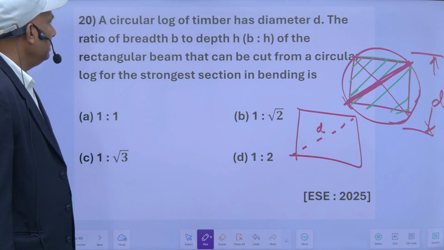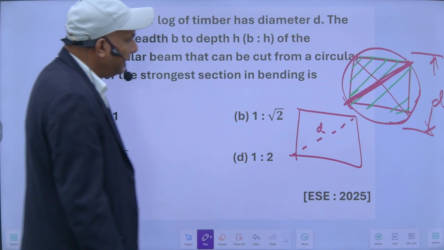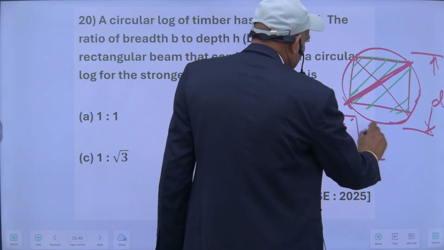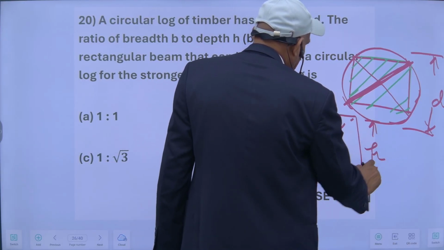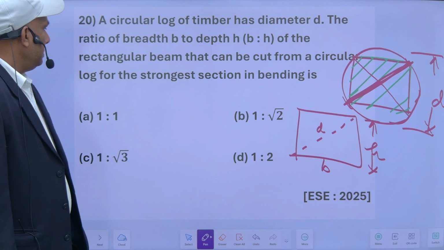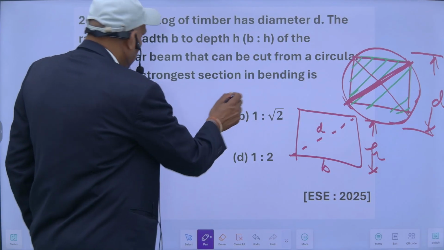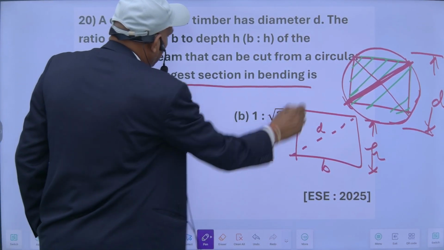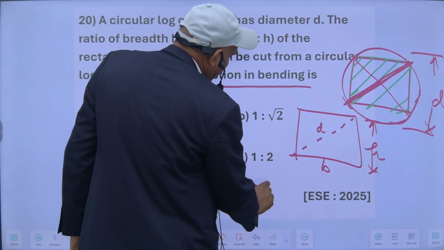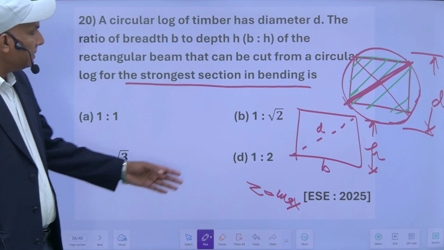Now this is d, and the breadth of this is b of the rectangular beam, and this is its height h for strongest section in bending. So strongest section in bending means when z, section modulus, is maximum, then I can say this is the strongest section.